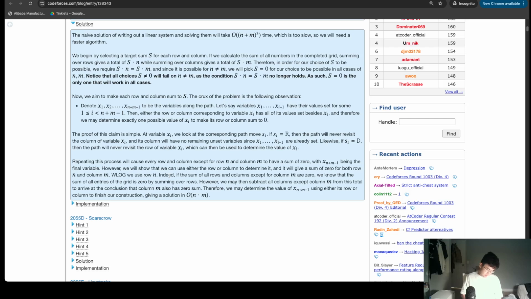Actually, went down, and this sums to 0, and then this sums to 0, and you're going down, and then this sums to 0, you're going down, so you're going right, so this sums to 0.